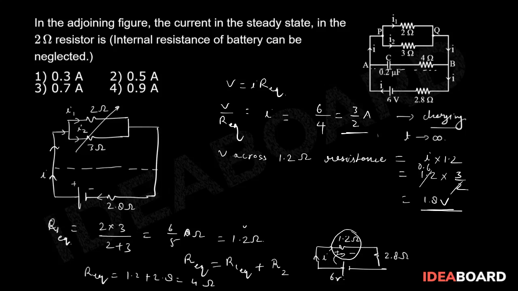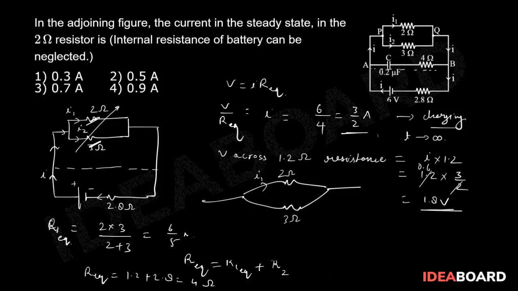Why am I calculating this? The reason is that the 2 ohm resistance and 3 ohm resistance are both in parallel, and you know that when two resistances are in parallel, the potential drop across them is the same. That means I can say this current is I1 and this resistance is R1. I calculated the potential drop, so the potential drop of 1.8 volts will be the same across this.